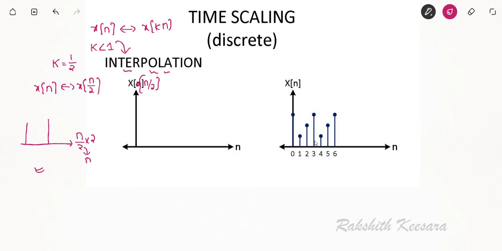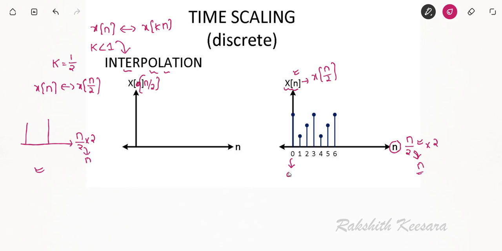Let us understand this here. This is my signal x of n. Now I need to plot x of n by 2. So first I will replace n with n by 2. This will become x of n by 2 and this will become n by 2. If we change the axis, the signal will be unaltered, but the axis should not be changed. This should be brought back to n. So I will multiply this by 2. If I multiply, what will happen?